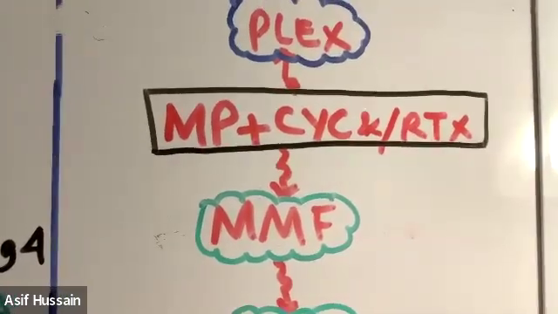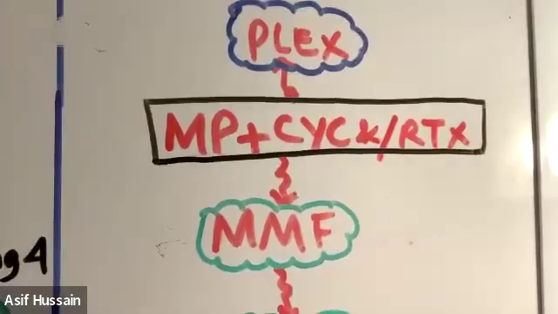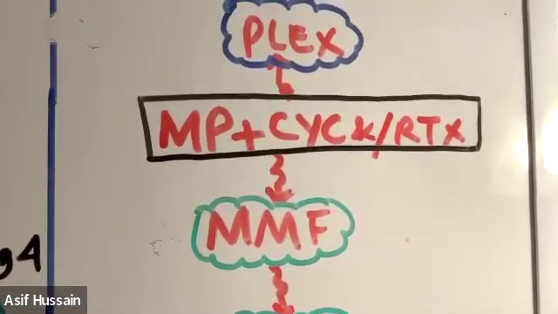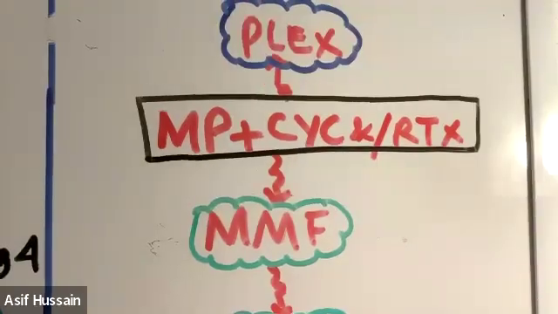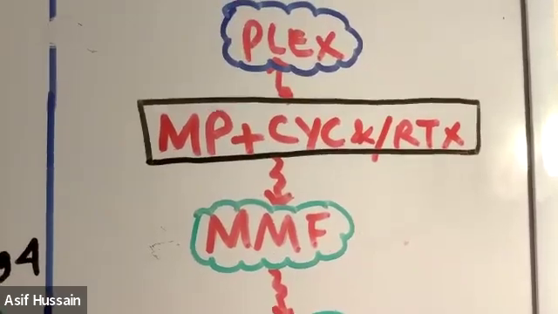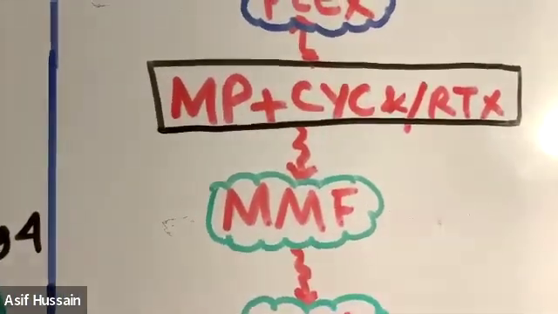Or the patient is very frail, old age, can't tolerate cyclophosphamide, or the patient has previously been given one or two induction therapies of cyclophosphamide and has already achieved the maximum dose of cyclophosphamide, which is usually 36 grams in total.